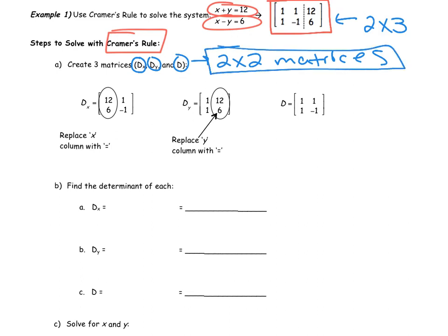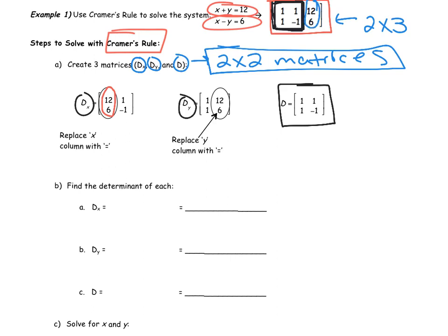The way this works with writing Dx, Dy, and D is that D is what's inside here, the regular 2x2. That's representative of our matrix D, which is what we have here. To come up with Dx and Dy, we replace the x column with whatever was right of the equal sign.